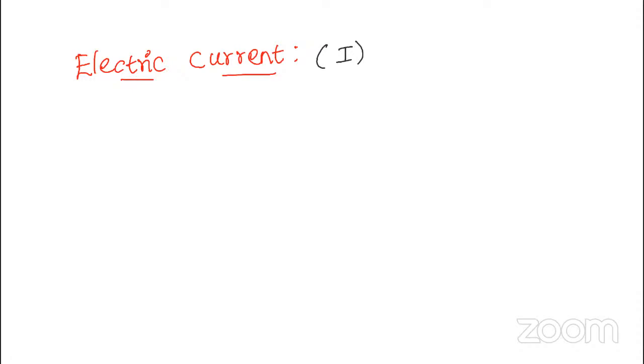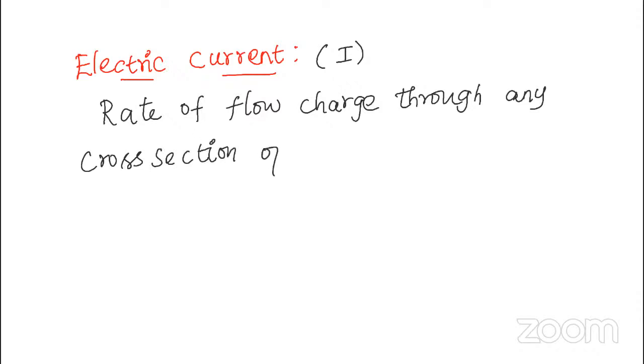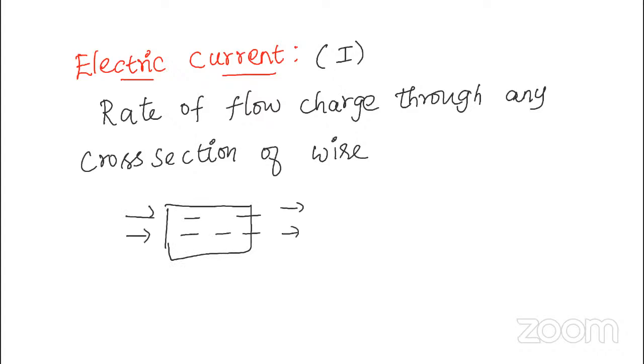Electric current is nothing but the rate of flow of charge through any cross section of a wire. Simply take this as a conductor. If current passes through the conductor, the rate of flow of charges induces the current.